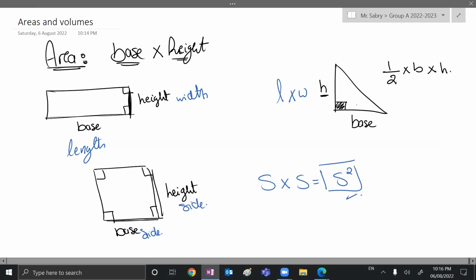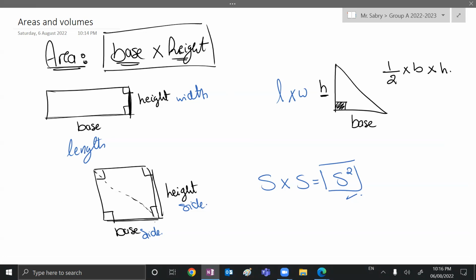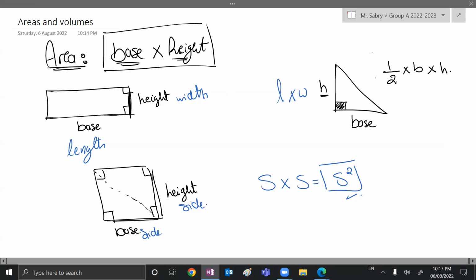Why is it half times base times height, even though I said that all shapes should have an area of base times height? It's because the triangle is mainly half a square, and a square has an area of base times height. The triangle is half of that. So that's half times base times height, and that's where this rule came from. Does that make sense? The three of them.